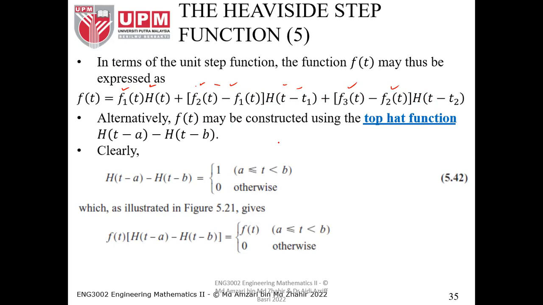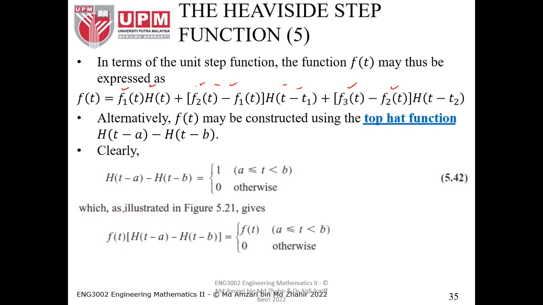Alternatively, f(t) may be constructed using the top hat function H(t minus a) minus H(t minus b). Clearly, H(t minus a) minus H(t minus b) is 1 for t between a and b, and 0 otherwise.